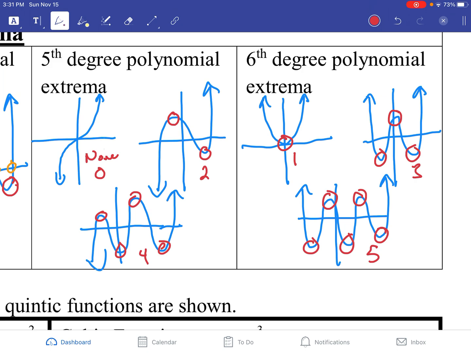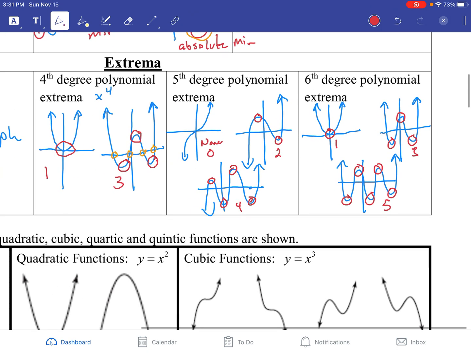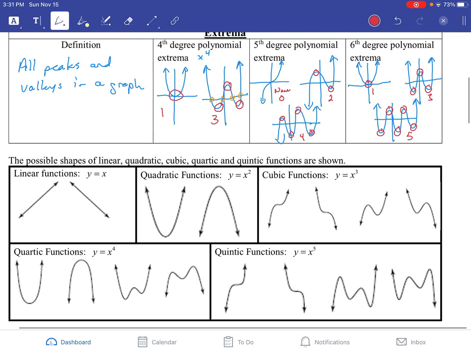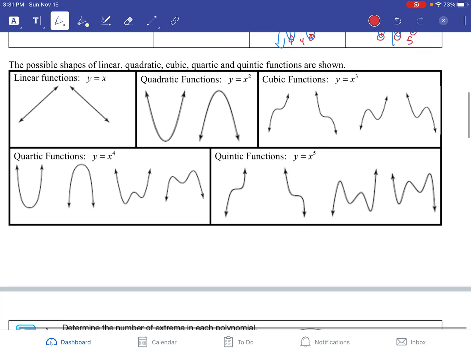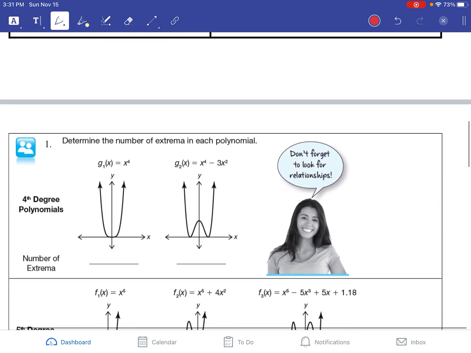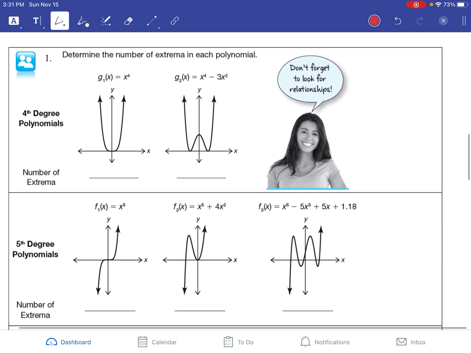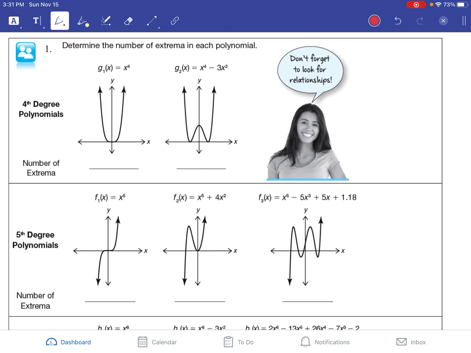So we could keep going to bigger and bigger polynomial degrees. But this chart on the bottom also shows you the different functions you can have and the different extrema you can have. So the big question is, how many extrema and what is the pattern?